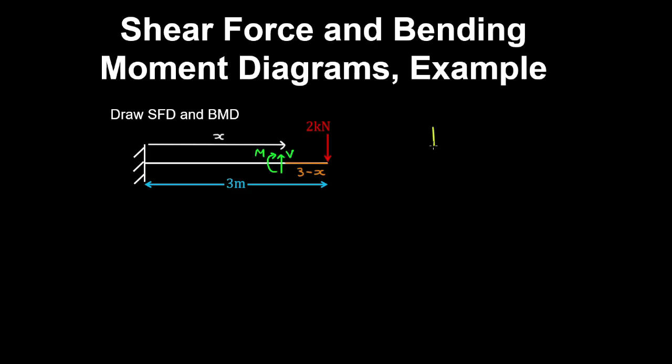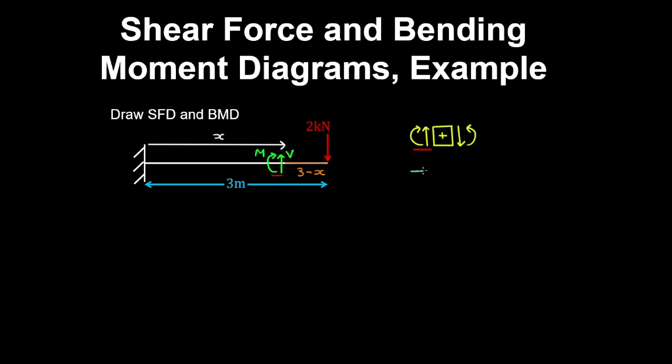And note that by our positive sign convention, we have the shear forces acting in this direction, and we have sagging moments acting as follows. So therefore, because we expose the shear force and bending moment on the left, we start with this sign convention.